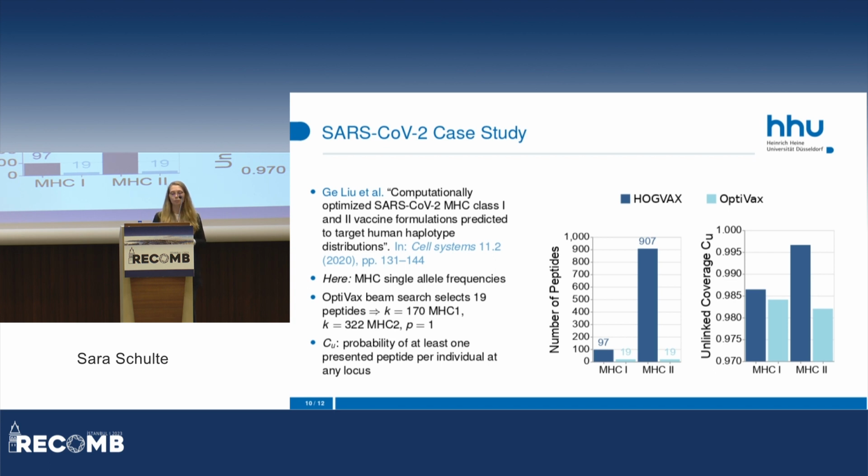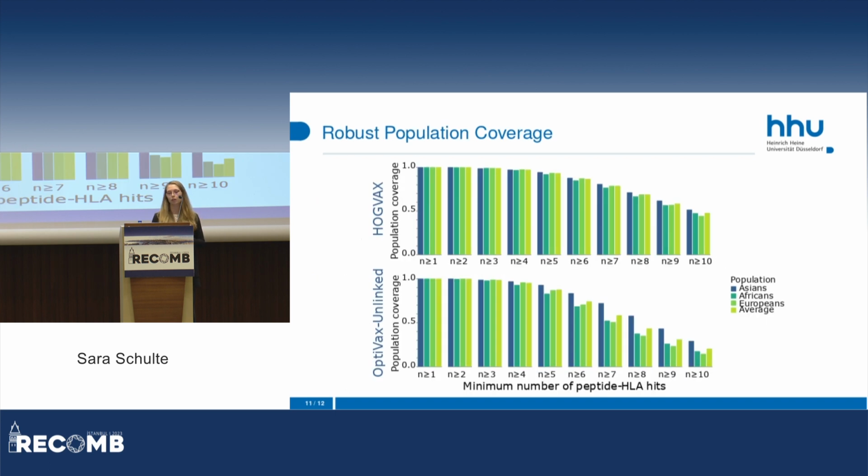And this higher number of included peptides also has an effect on the robustness of the vaccine. So a vaccine is considered to be robust if multiple peptides of the vaccine are presented by each individual, so that in case of a virus that mutates, if, for example, one peptide included in your vaccine is the target of such a mutation, there are still other peptides that lead to immunity.